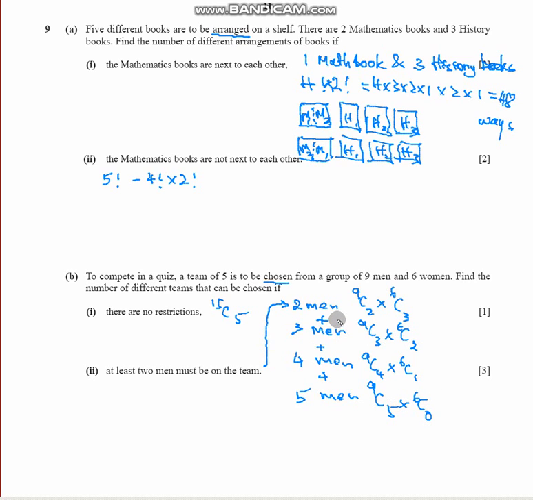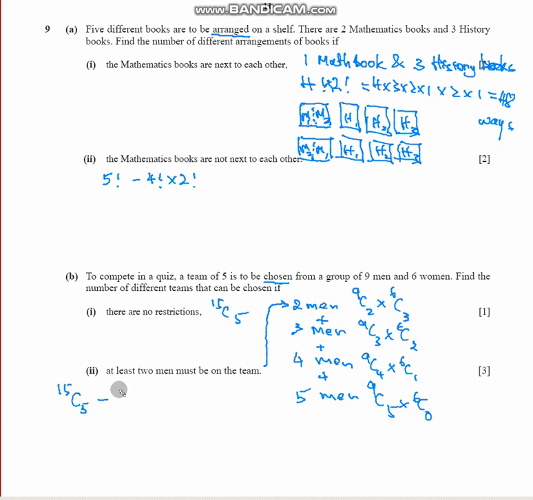Now, this is more tedious. We can have a shorter way whereby we take all the possible combinations, which is 15C5, minus the cases where the selection involves only women.